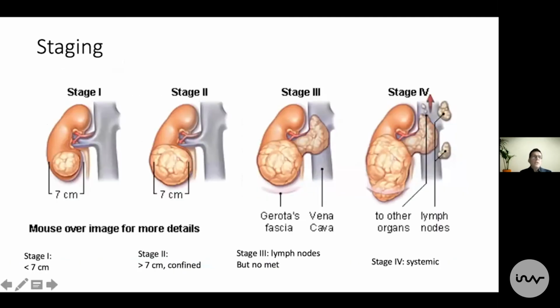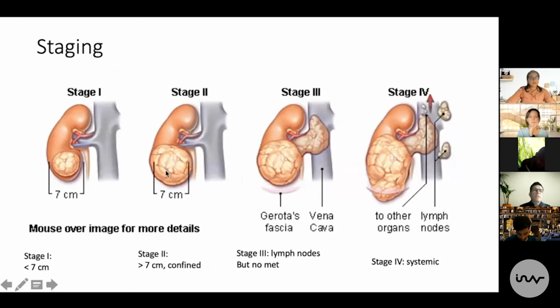This is the staging. So we already discussed this. Stage 1 is when the tumor is smaller than 7 centimeters in diameter. Stage 2 is when the tumor is bigger than 7 centimeters in diameter, but still confined to the kidney. And stage 3 is when there is some local spreading.